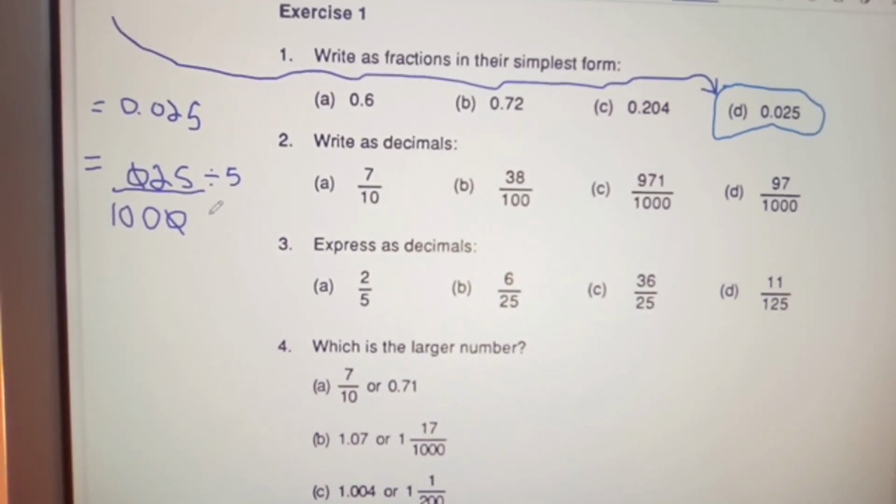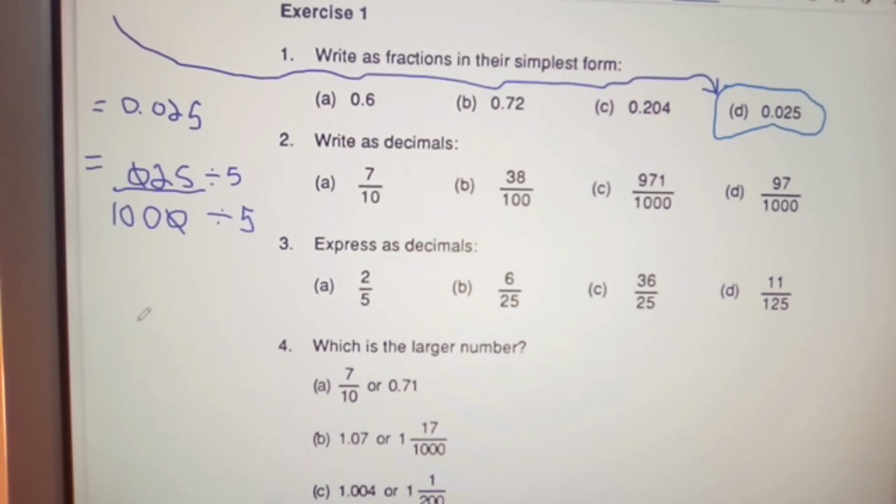So let me put my number in, and I'm going to put in my division factor. I'm going to divide by 5.